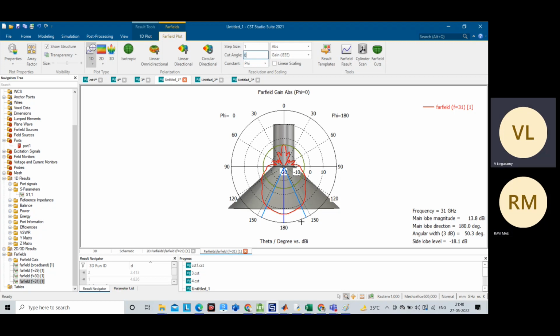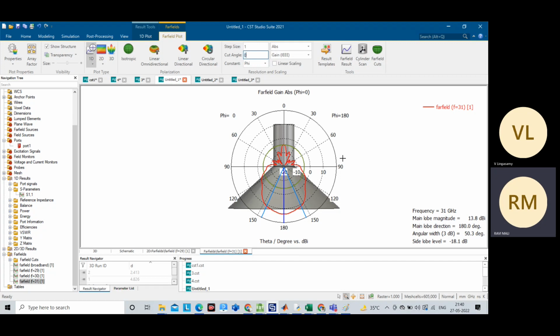Usually in a pyramidal horn, let's say the width is along the x-axis and the height is along the y-axis. If it is like that, then taking 0 degree corresponds to the H plane, and 90 degree corresponds to the E plane.